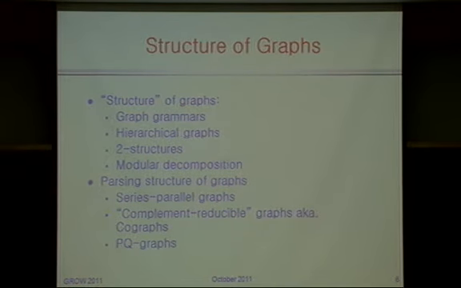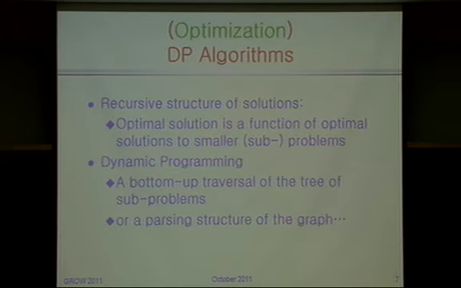So we talk about classes of graphs that have parsing structures, and examples are series parallel graphs, graphs of tree width, complement reducible graphs, which is actually my favorite class of graphs for certain reasons, PQ graphs. So there is a parsing structure, and then optimization. So graph classes, optimization, and parameters. I hit all of them here in the quick introduction to things that we all know well.